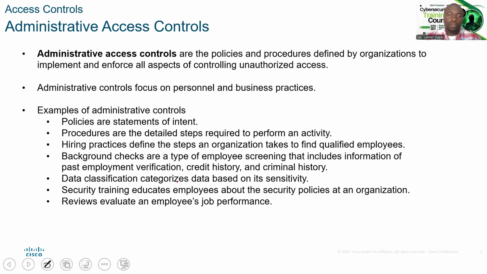But the administrative controls are basically policies and procedures defined by the organization, implemented to enforce all aspects of controlling unauthorized access. So the policies usually are focused on the personnel and the business practice. When we say personnel, we're talking about the staff that works there, or the individuals that require access to the resources. So that's the administrative control.